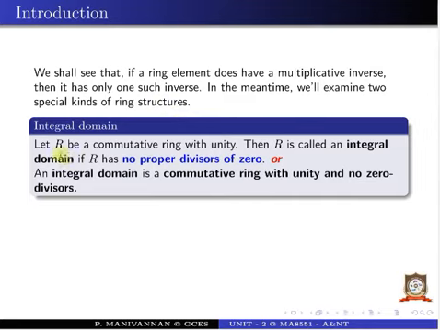What is an integral domain? Let R be a commutative ring with unity. What is a ring? (R, +) is an abelian group. Yes. Then (R, ·) is a semigroup. Good.